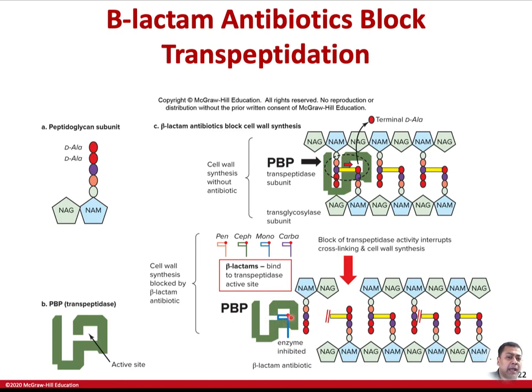So once the active site is blocked, this transpeptidation cannot happen, and layers of peptidoglycan cannot be attached to each other, which causes the cell wall to fail. The cell wall will not be properly put together, and the cell will be lysed because it doesn't have the cell wall outside its plasma membrane, and it can easily lyse in the aqueous environment.